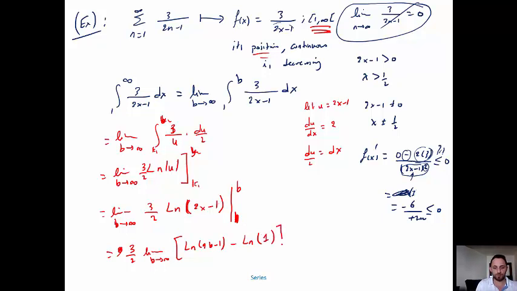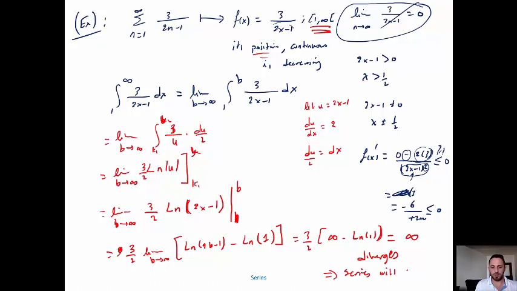So this is equal to 3 over 2 times the limit as b goes to infinity. So ln infinity, 2 times infinity minus 1 is infinity. Ln of infinity is infinity, right? So the answer will be infinity. So it diverges. Then, as the integral test of the function gives me that it diverges, the series must diverge.